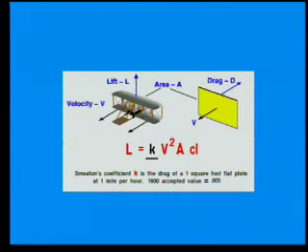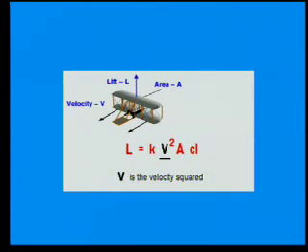Now let's look at each one of these factors individually. K is called the Smeaton's coefficient, and it's a factor that describes the pressure. It was developed in the late 1700s as a reference pressure value, equal to the drag on 1 square foot plate moving at 1 mile an hour. The velocity V is the relative velocity of the air over the wings or the velocity of the wings through the air.